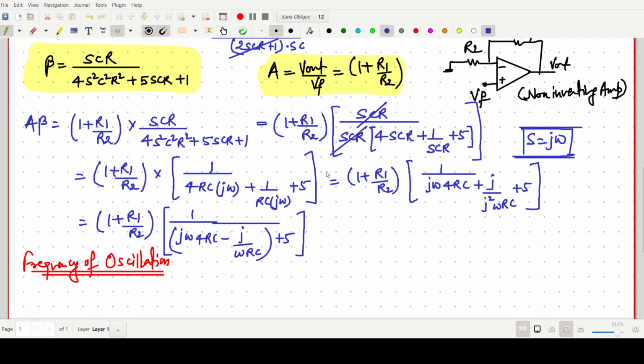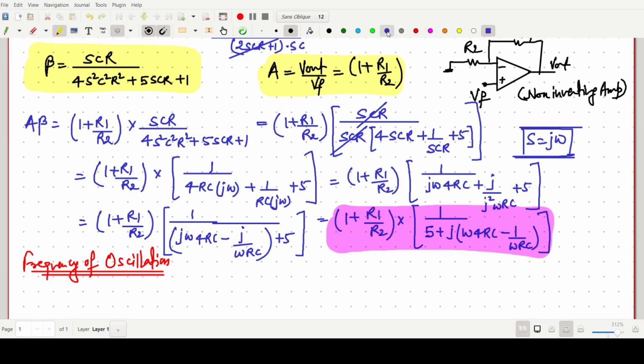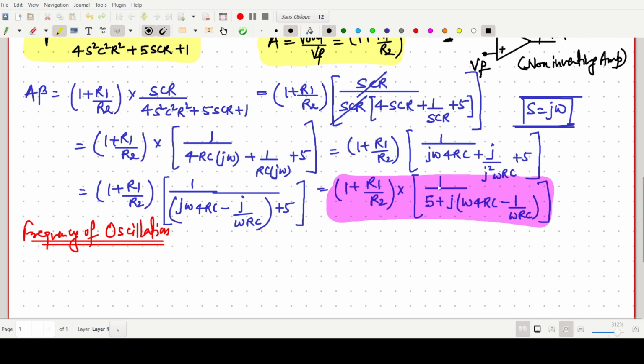Before that, I will write one more line: 1 plus R1 by R2 into 1 by 5 plus j (omega 4 RC minus 1 by omega RC). Again I am highlighting this because it is important. So for the frequency of oscillation, we have to make the imaginary part 0.